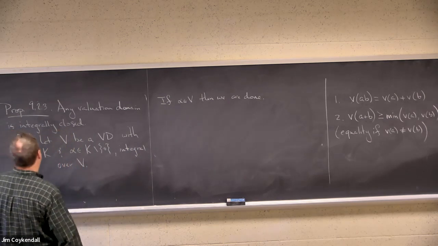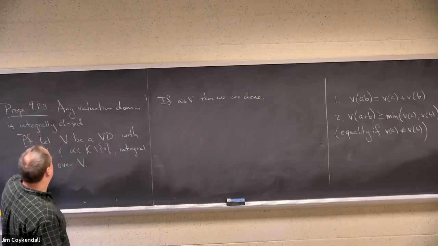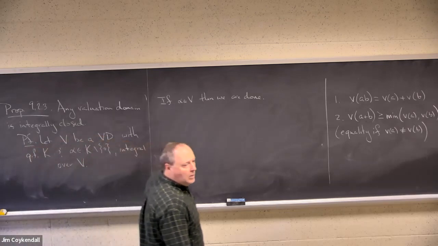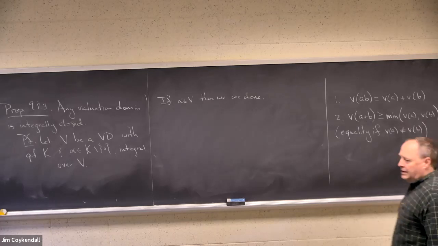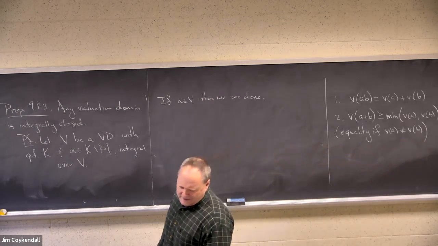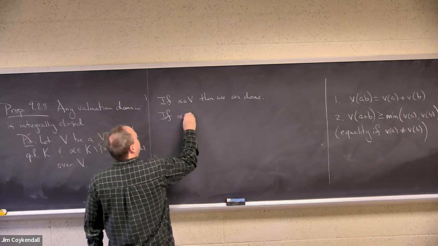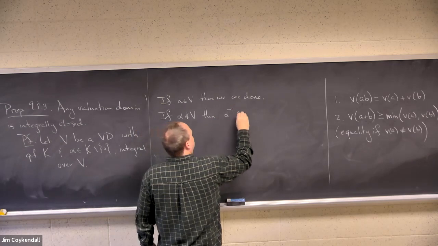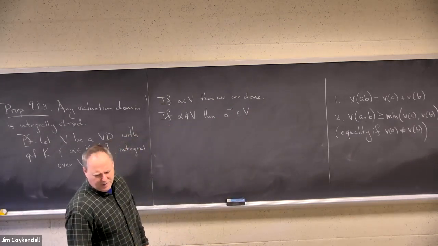Okay, so here's the setup. Let V be a valuation domain with quotient field K, and let alpha be a non-zero element of K that's integral over V. What we want to do is show that this integral element is actually already in V. Well, if it's in V, then we're done. And if it's not, then alpha inverse is in V, right?